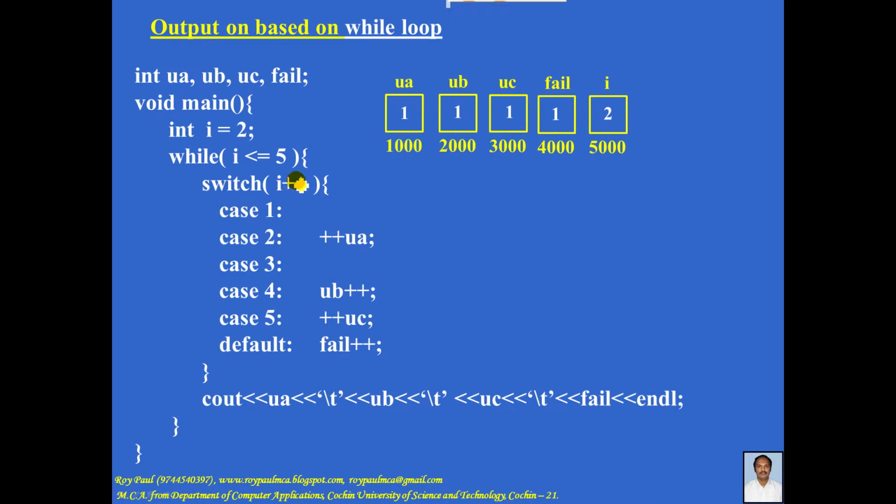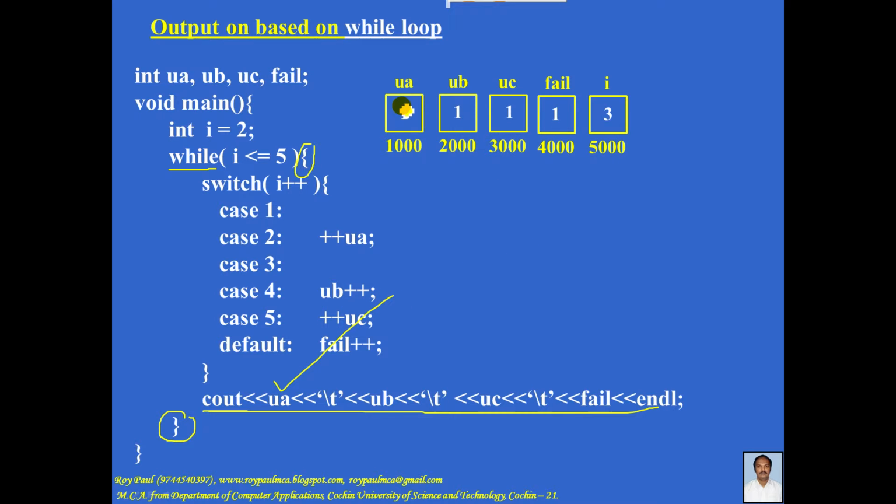So the current value for I, which is 2, is used for switch. Now I plus plus, so 2 plus plus, I becomes 3. Now this cout statement is inside while loop, because this is the opening curly bracket for while loop and this is the closing curly bracket. So here you get the first line of answer.